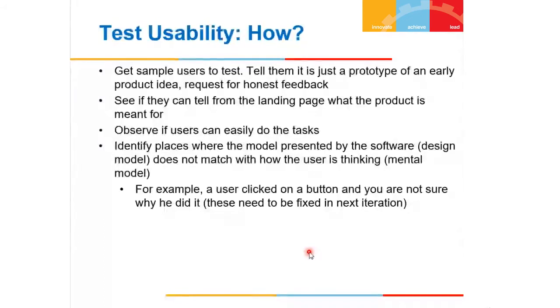So he's struggling. He's trying to use some other button, whichever is available, to solve the problem. If you see that he's clicking on a button which should not have been clicked for the particular task, that means he has not understood the design model; the way we have designed it is not clear to him. That's the design model not matching his mental model. When there is a mismatch, there is something wrong with the way we have designed it.